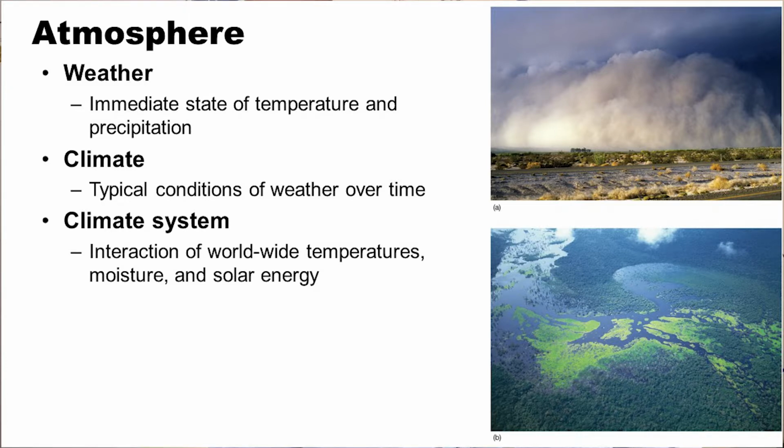Weather you can think of as what's going on outside your window right now, or somebody's window. Climate is what you're planning for, what you've seen over time. Weather is the immediate state of temperature and precipitation in an area. Climate is averages of those over time.